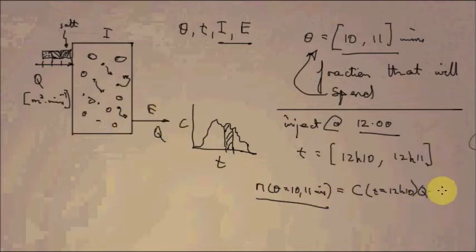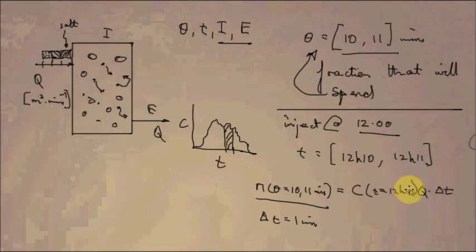So we have to multiply here by 1 minute. That's our delta theta or delta t. Right, so I would rather write that a little more generally as delta t here, and we can say delta t is 1 minute, because that's the range there.